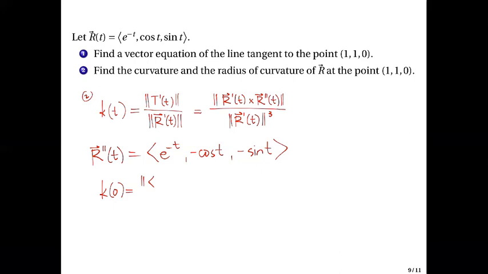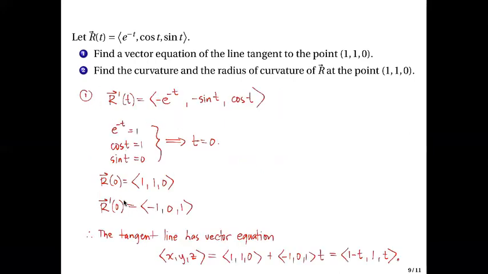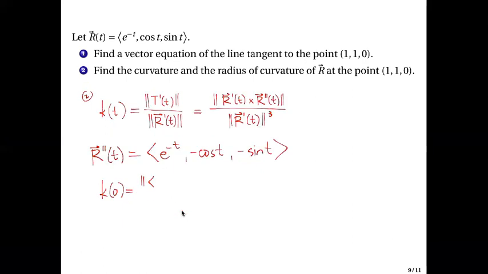For r prime of t evaluated at t equals 0, we have negative 1, 0, 1.